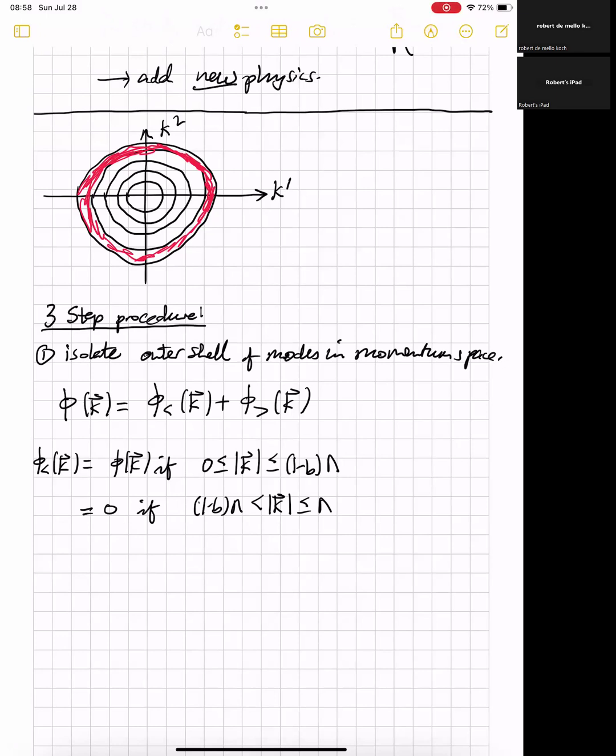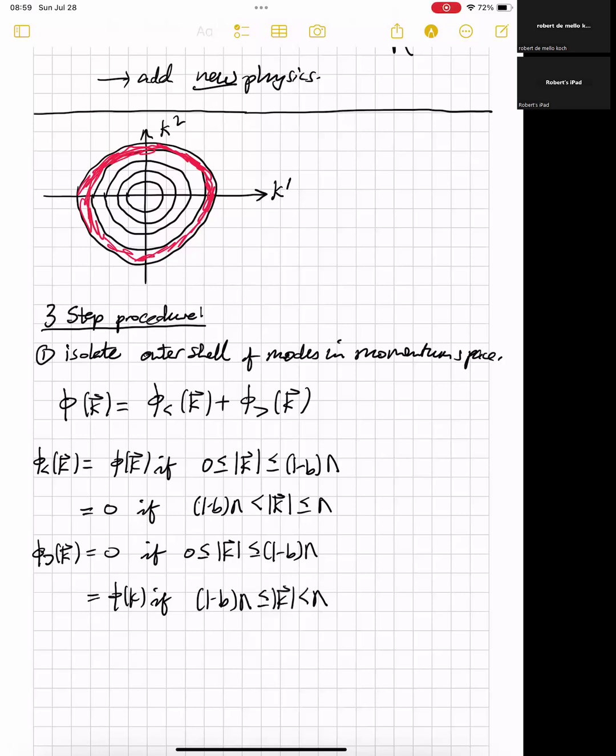And then the field phi greater than is 0 if we lie between 0 and 1 minus b lambda, and it's phi of k if we lie between 1 minus b lambda and lambda.